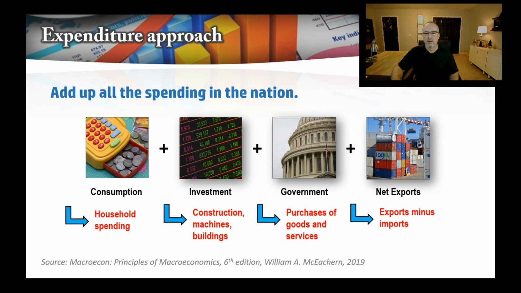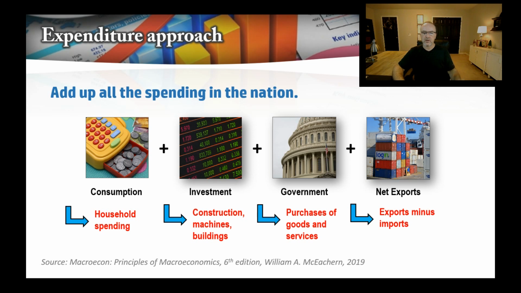Exports are the products that we make here in the United States and we ship overseas to other people. That's an export. It goes out. But there are also imports that come in. We are buying things from other nations, cars, video game consoles, you name it, and they're coming into the nation. So net exports is how much is left over of exports after you count the imports.